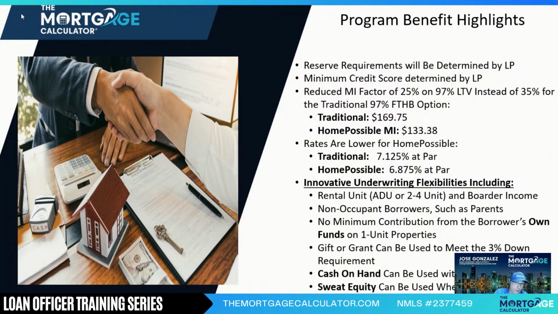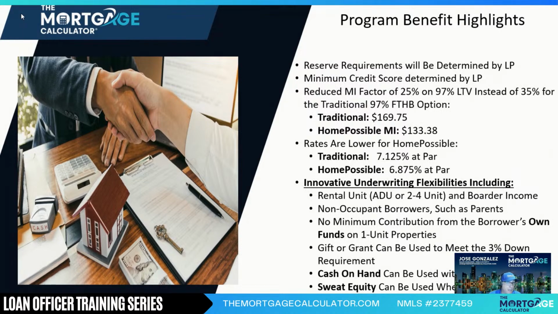That's just for the program, reduced MI. On top of that, reduced rates. It's about 0.25% lower rate for the Home Possible versus the regular 3% down option. So lower MI, and additional savings on the rate because we do have our affordable options.